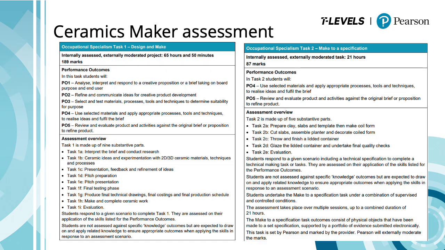For Ceramics Maker, as an example, Task 2 is completed up to a combined duration of 21 hours. It consists of 5 substantive parts, which total 87 marks. Note that the number of parts within Task 2 varies in each occupational specialism.